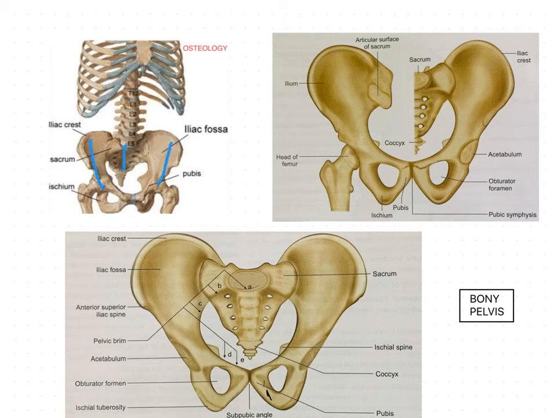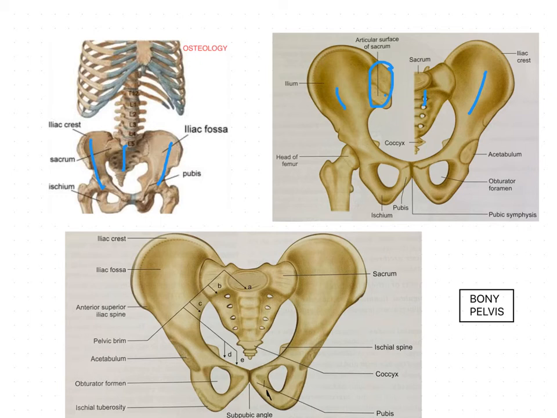By the union of the hip bones and the sacrum, here you can see the articular surface present on the hip bone for articulation with the sacrum, forming the sacroiliac joint.